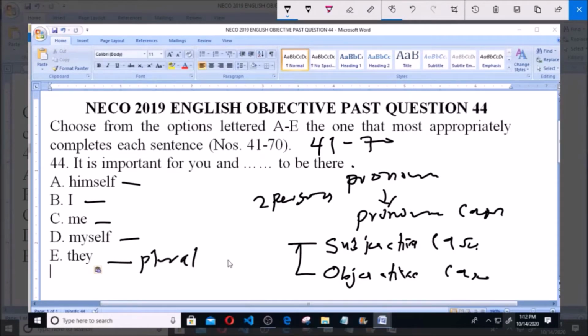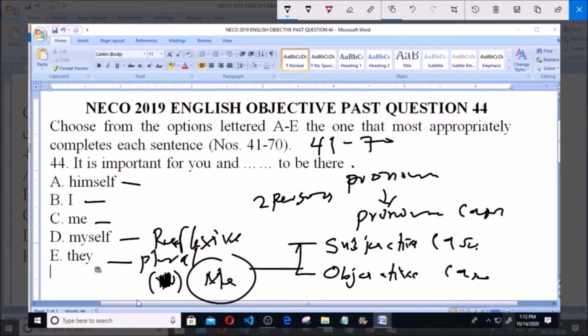It is plural, and the plural form of I, yes. Then myself is a reflexive pronoun. So you cannot say it is important for you and myself to be here. No. And me is the objective form of pronoun.